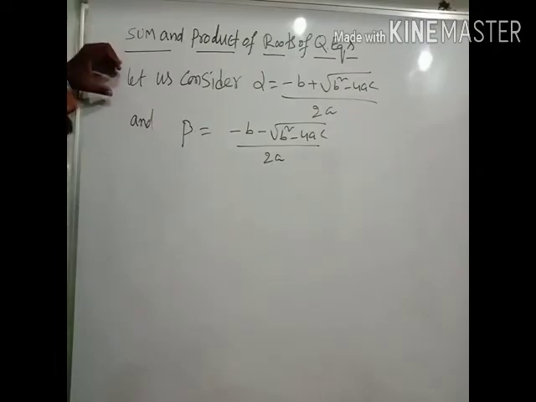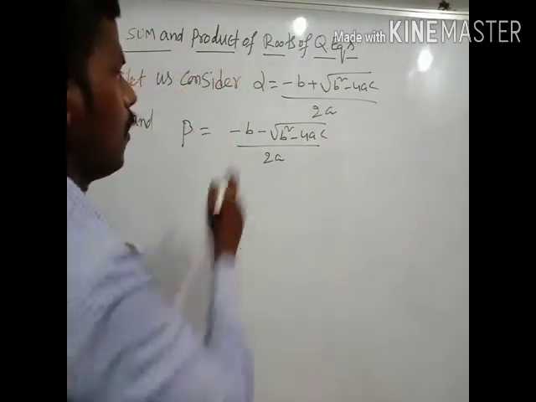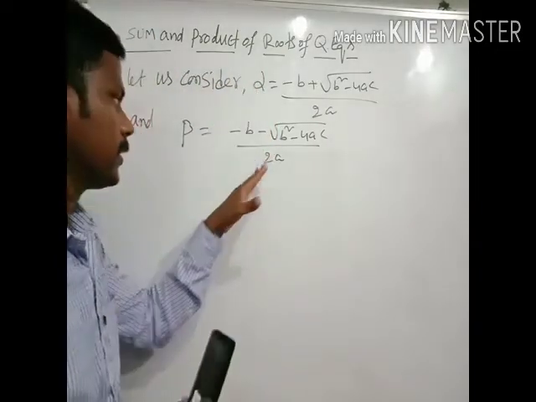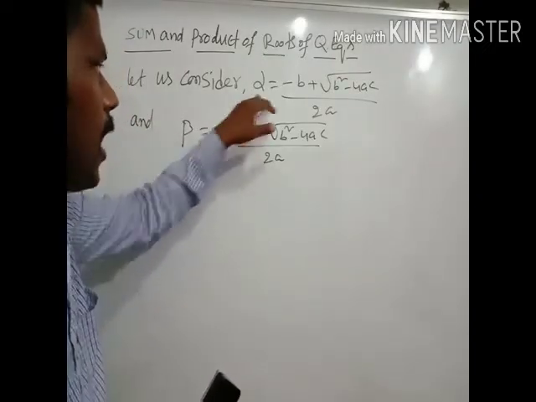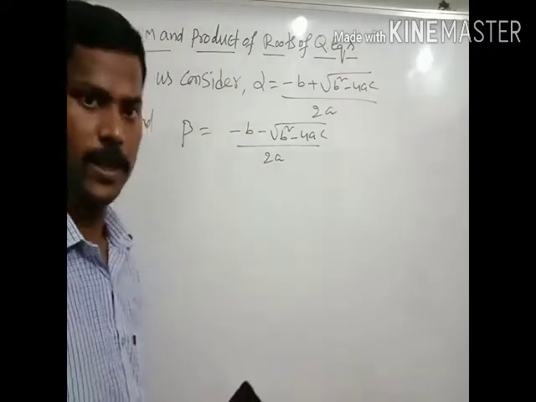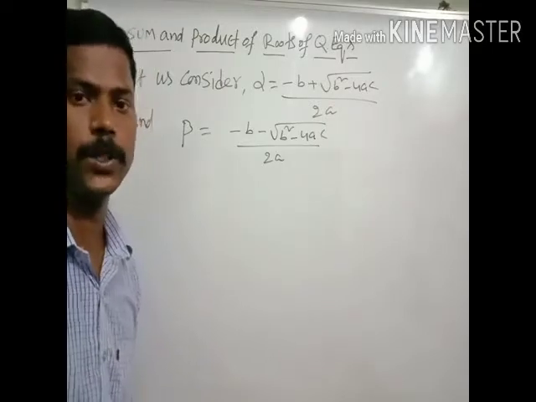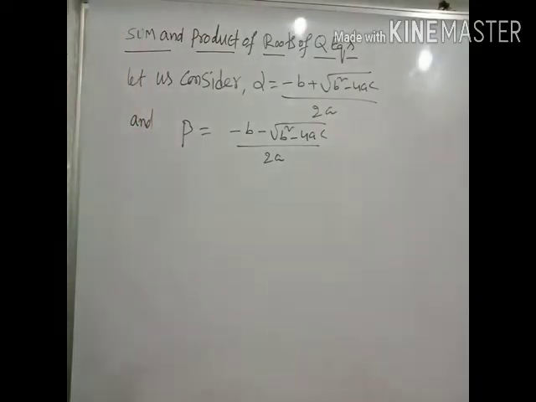So here I consider one root equal to alpha, second root equal to beta. Alpha, beta are Greek letters. Here we represent the two roots. Now first I will derive the sum of the roots.